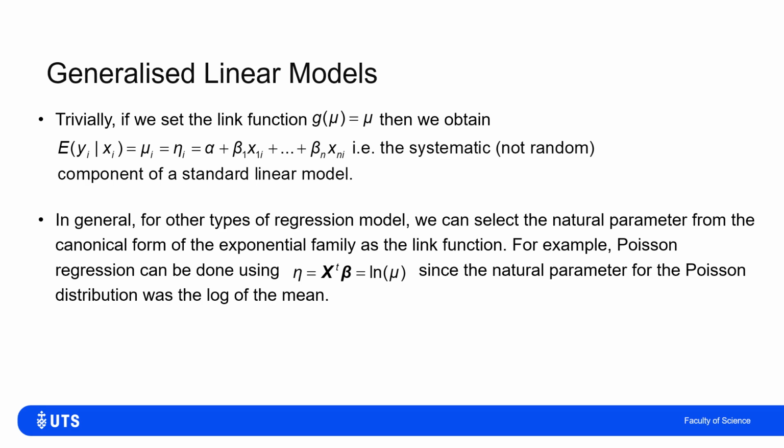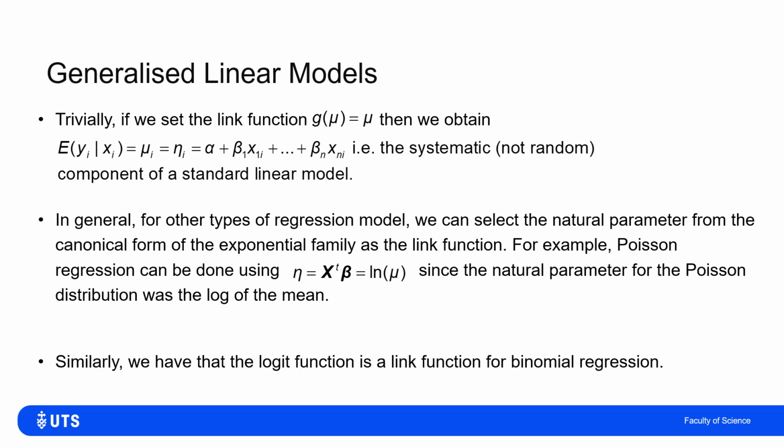So in this case, I'd set nu, which is x transpose times beta, to be the natural log of mu. And similarly, I know that I can use the logit function, the natural parameterization, for a binomial regression model.